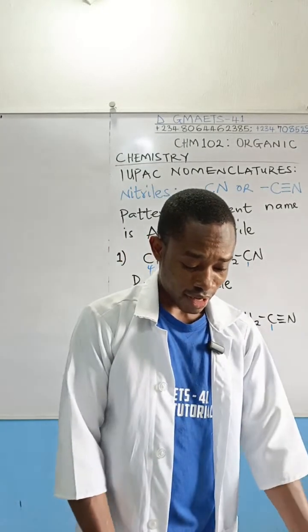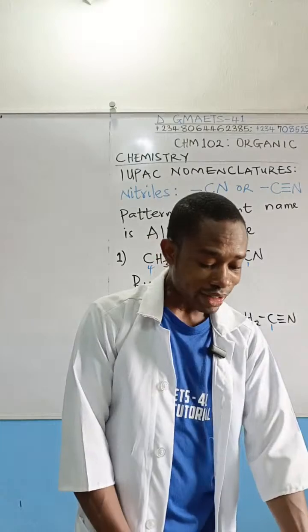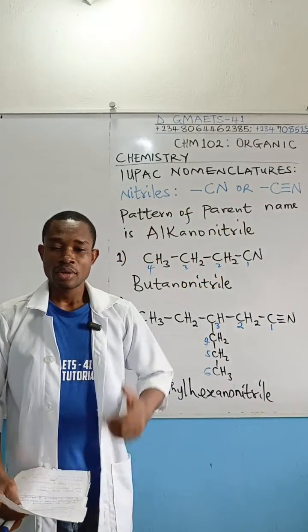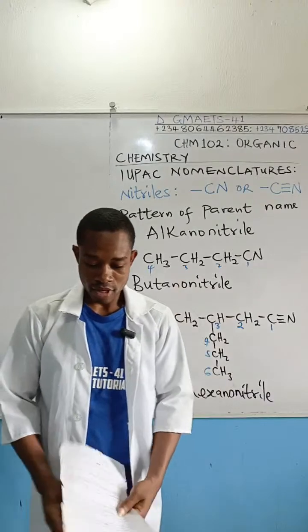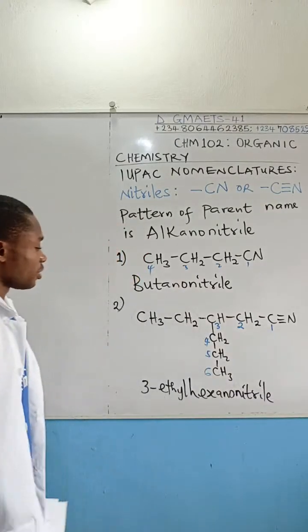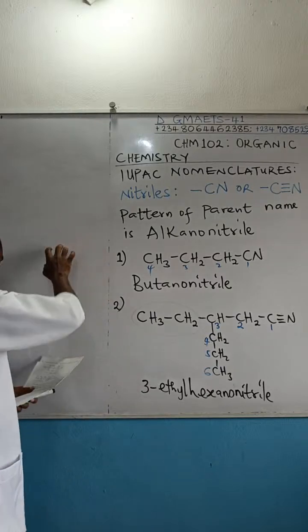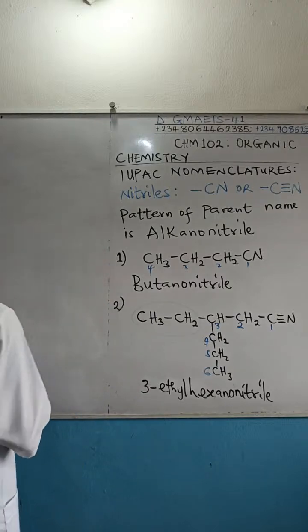And this next structure is actually extracted from a UNIZIK organic chemistry past exam question. We're going to find out how we give the name of that. I'll be using this side of the board, so we see what we've got there.